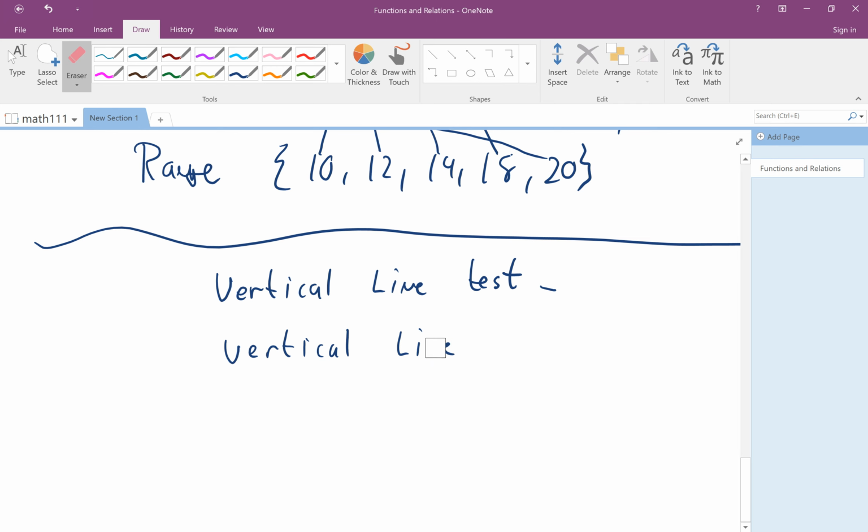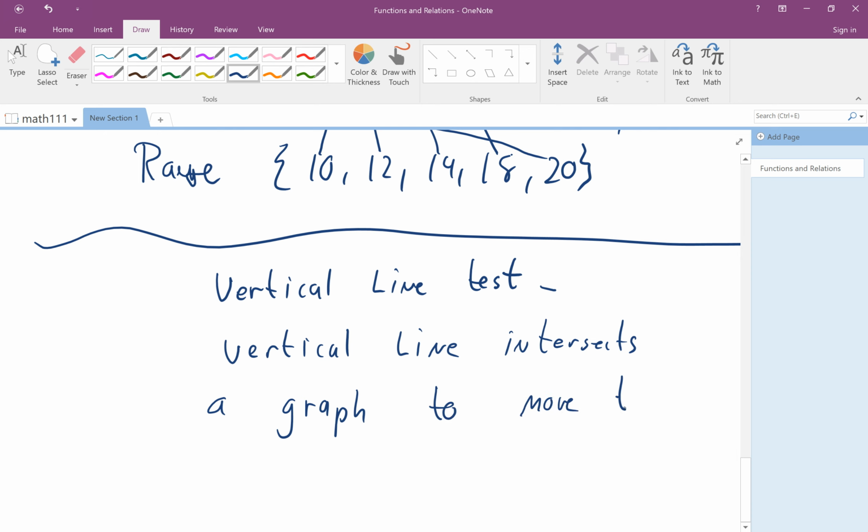You decide what you want to put there. I'm just going to put intersects a graph in more than one point, not a function.